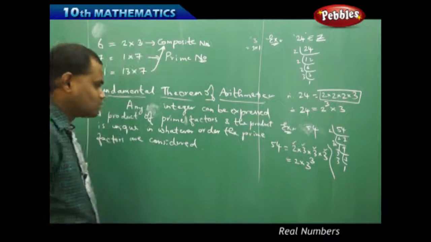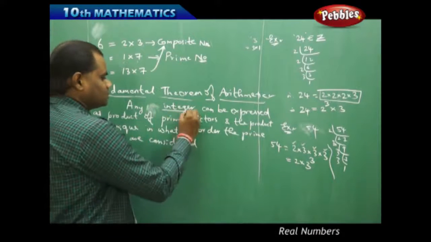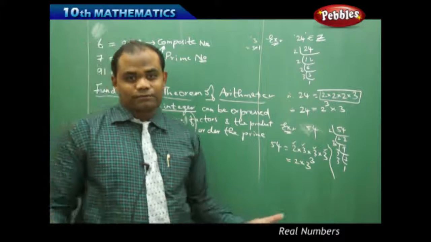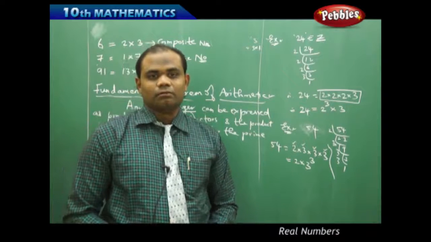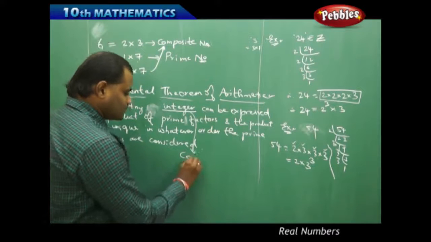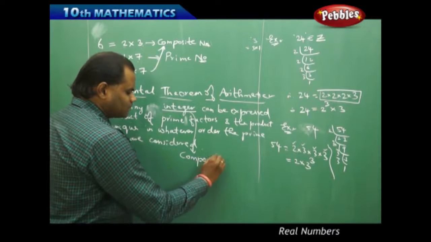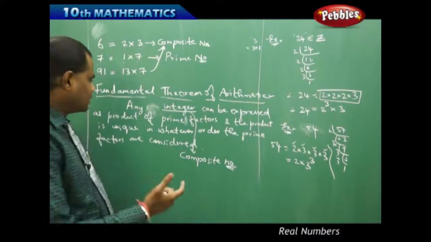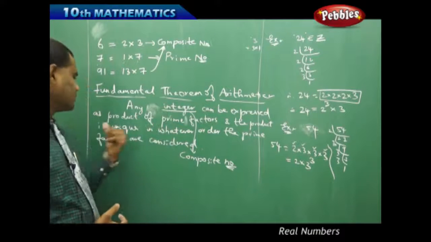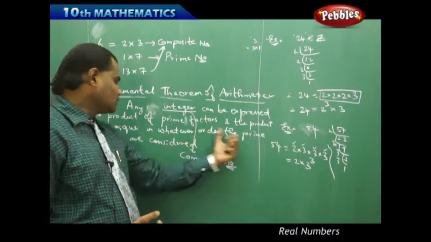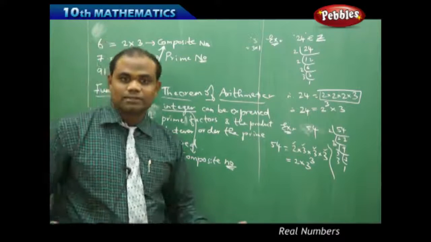Some mathematicians replace the term integer with composite number because the product of factors is very much connected with the definition of a composite number. Therefore, my statement can be reread as: any composite number can be expressed as a product of prime factors and the product is unique in whatever order the prime factors are considered.